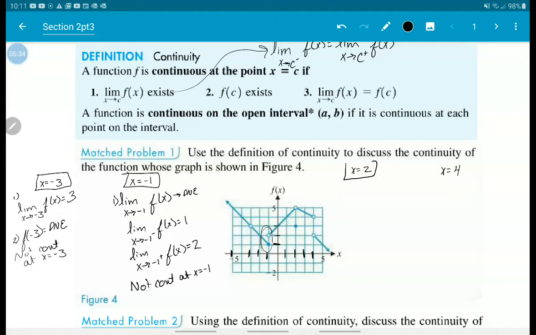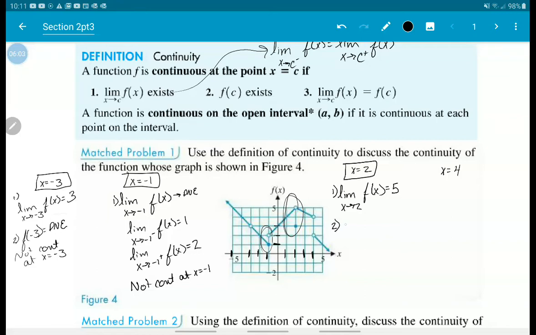So now let's look at 2. When we look at x equals 2, we'll notice we see a gap here. So let's figure out what's happening in terms of that definition of continuity. We're going to take the limit as x approaches 2. And you can see the left and the right hand limits are going to match up. And we're going to get 5 for that limit. So the first part of the definition is fine.